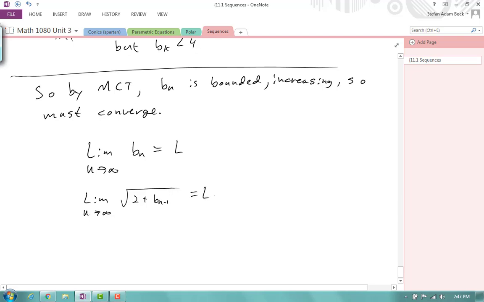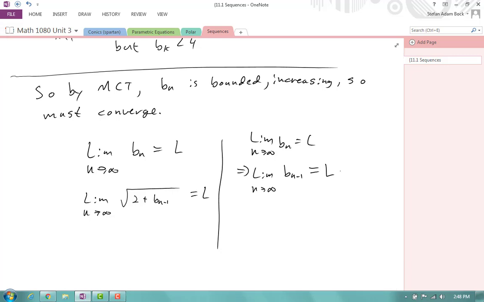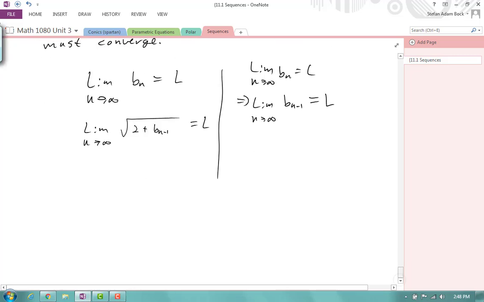That must be equal to L. But if the limit as n goes to infinity of b sub n is equal to L, that must mean at the same time that the limit as n goes to infinity of b sub n minus 1 would have to also be equal to L. Because infinity minus 1, I mean, you're still going to get to the same spots, just ever so slightly later.